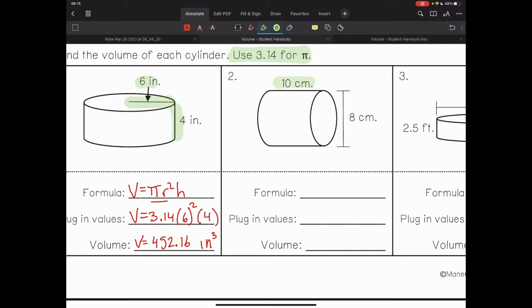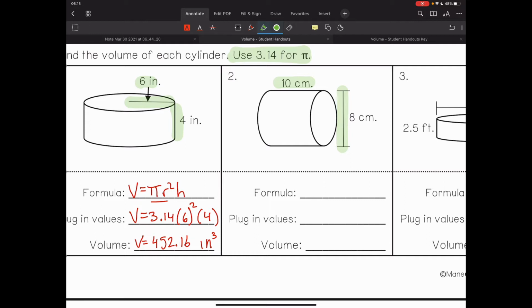That's the distance between the bases, between the circle on the left and the circle on the right. And this is the diameter of the circle.